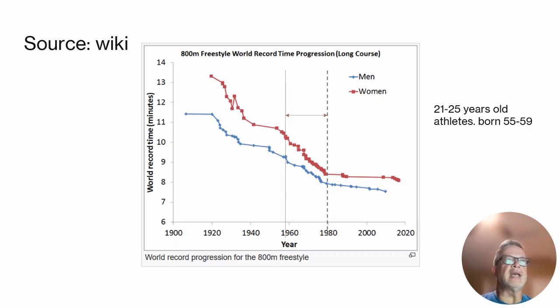And this happened in the 80s. If you take an average age of a swimmer, that would be between 21 and 25. This is when they actually achieve the best performance. So they were born around 1955 to 59. So we are approaching this magical 1960 date where things have changed for humans.